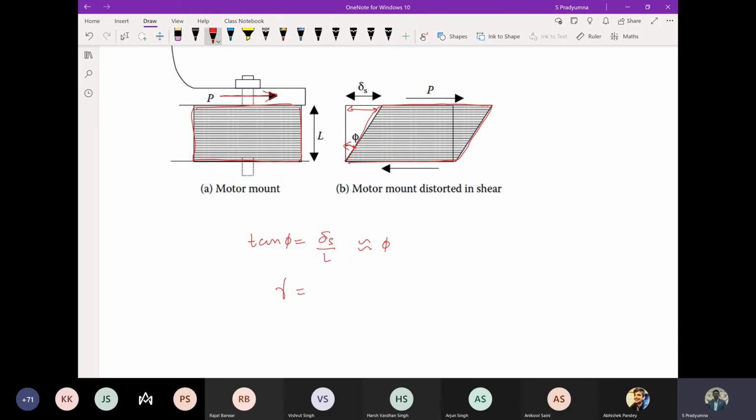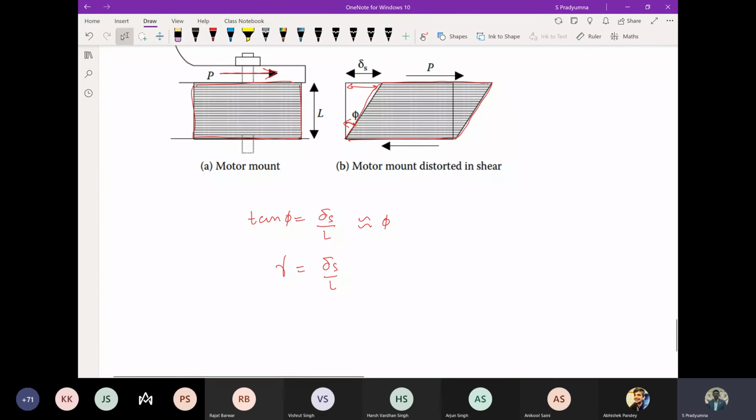Shear strain gamma is equal to delta S divided by L. So I can easily find out the type of strain by knowing the displacement in the direction of the load and the depth it had before.